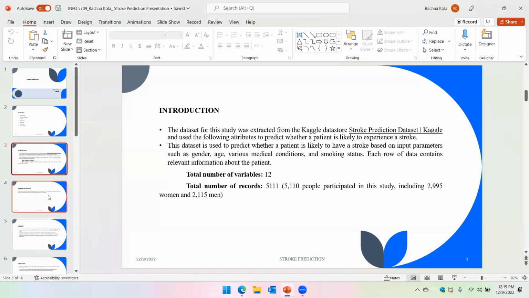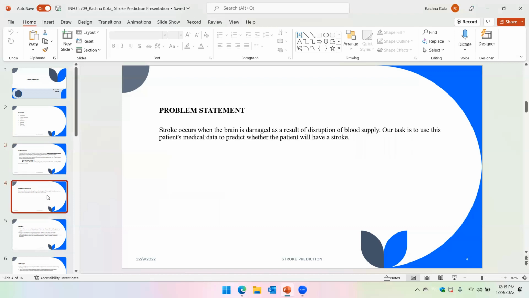Coming to the next one, the problem statement. Basically, this problem statement is an overview of what the project aligns with. Our task is to use the patient's medical records to determine whether the patient is likely to have a stroke or not.